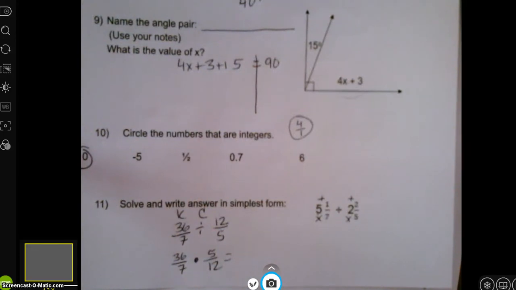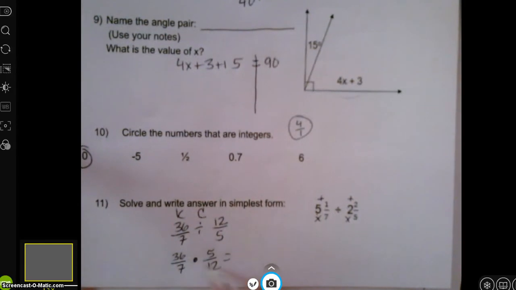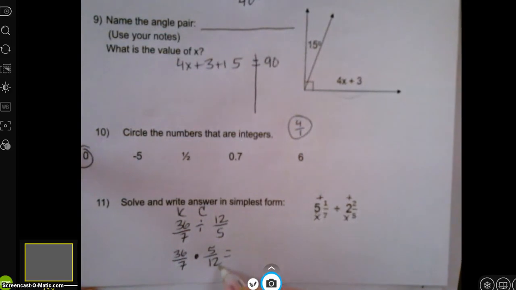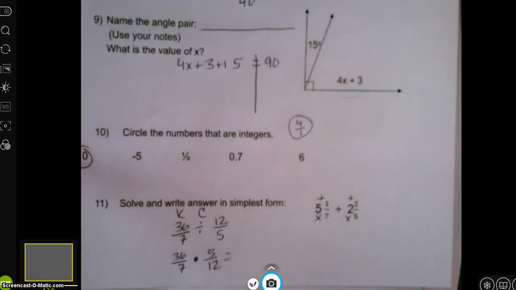There is a relationship here, guys. Both of these will divide by several numbers. They both divide by 2, they both divide by 3, they both divide by 4, they both divide by 6. Most importantly, they both divide by 12. So think of what you get when you divide this by 12, what do you get when you divide this by 12, and finish up your problems.